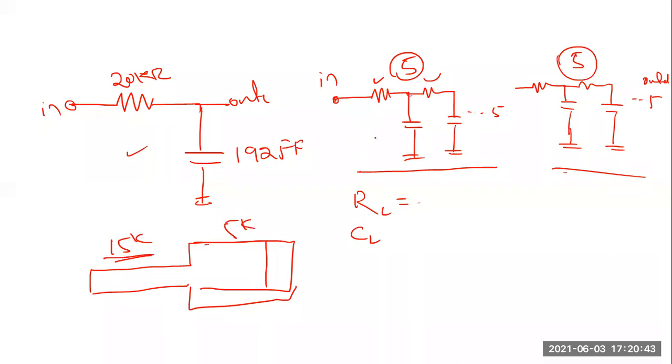For 5 sections, 3K per resistance. Is it rocket science? Very simple thing. 15K is there, 5 sections, so 3K per section.